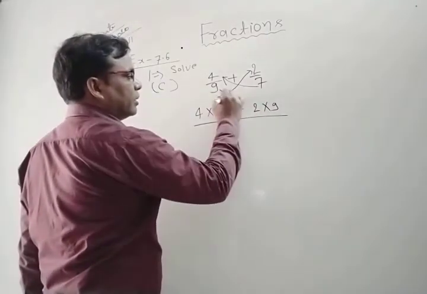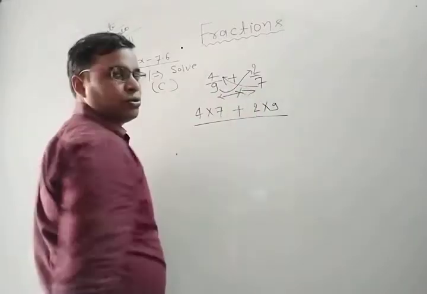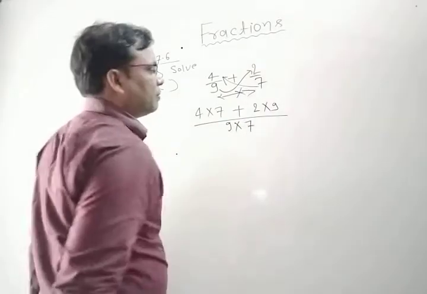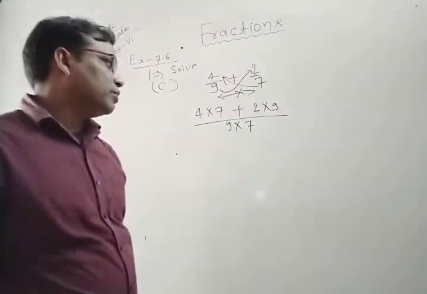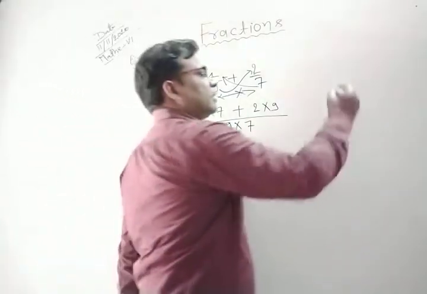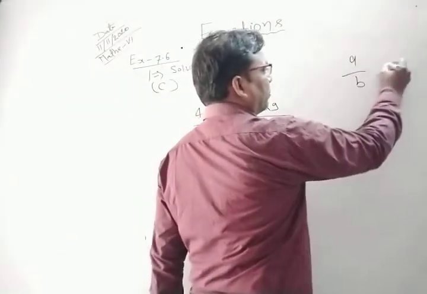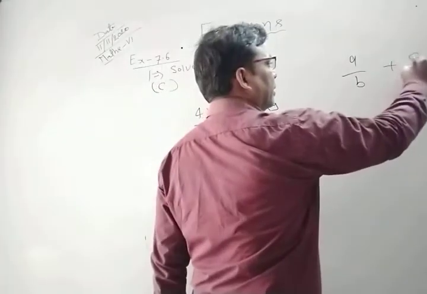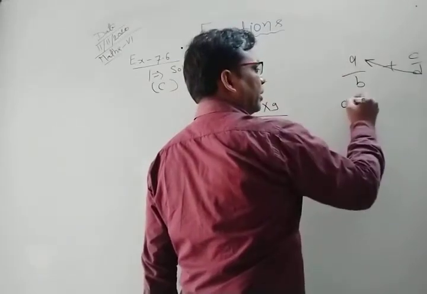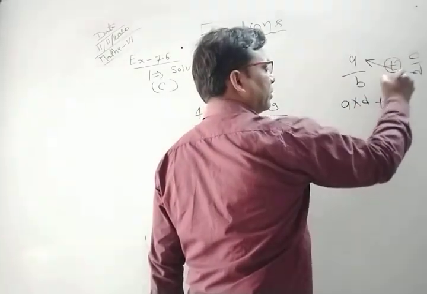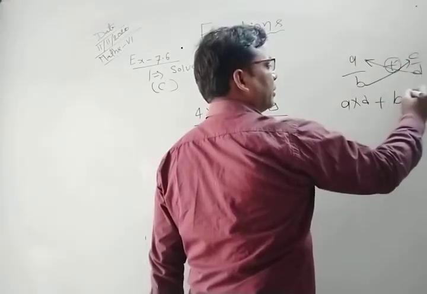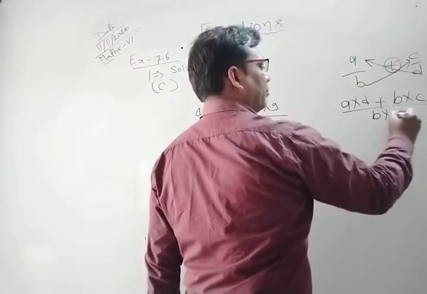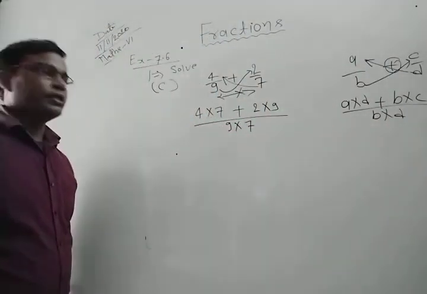Here again 9 into 7, so we write 9 into 7 in the place of the denominator. It is like this: if A by B plus C by D, then we write A into D plus B into C, upon B into D. We follow this rule.